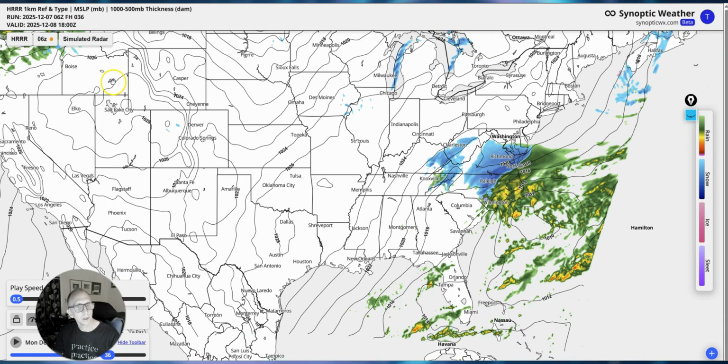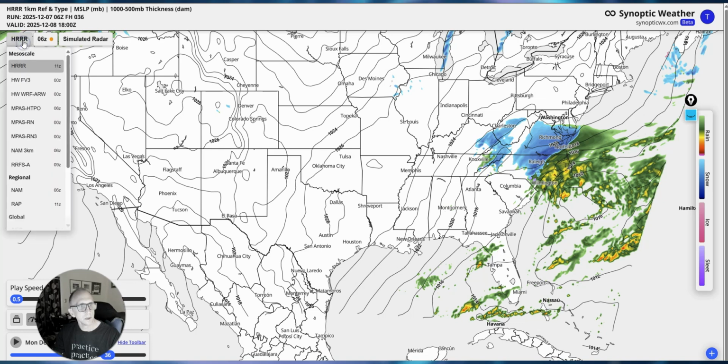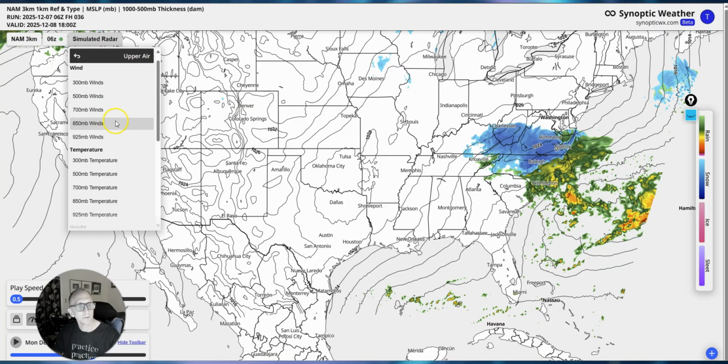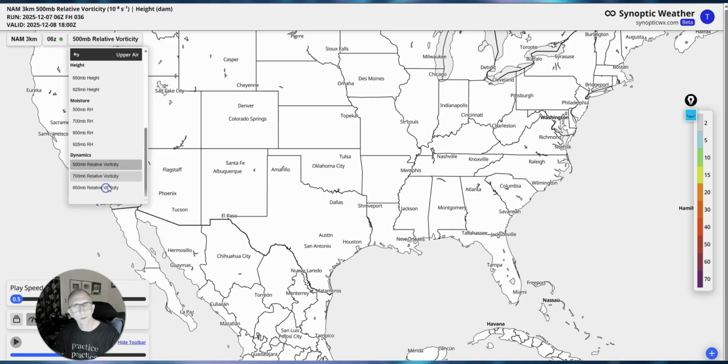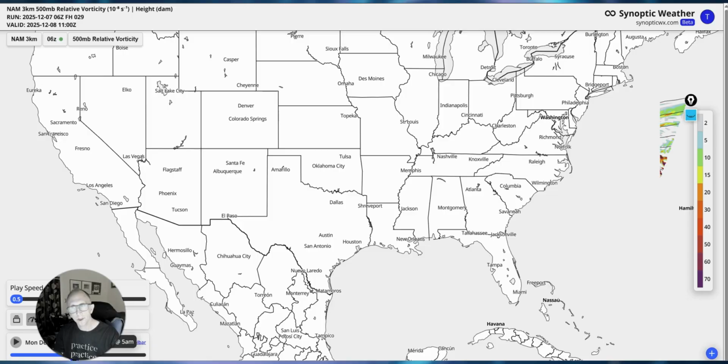Now, another way to look at this is at 500 millibar vorticity. Go back to the NAM and look at vorticity, right? Which helps us infer where a low pressure might develop. This is what we've got here. We've got some vorticity and energy coming offshore here with the NAM.